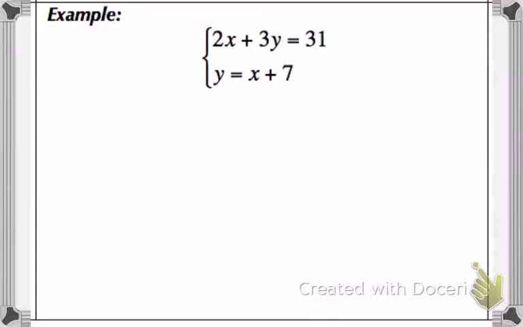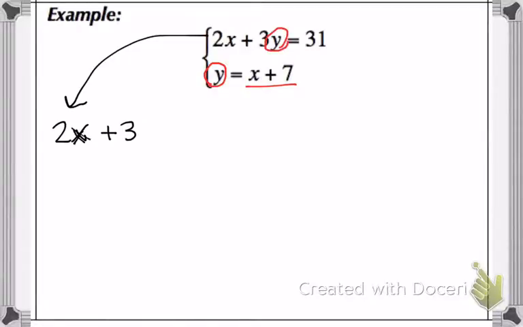Okay, so in this example right here, we have a relatively easy example. We already have y by itself, and it's equal to x plus 7. So no rearranging necessary here, but just know that sometimes you're going to have to do that. So we're going to then take this equation, 2x plus 3, and where this y is, right here, we're going to plug in.